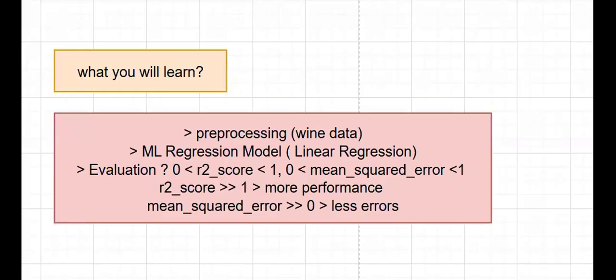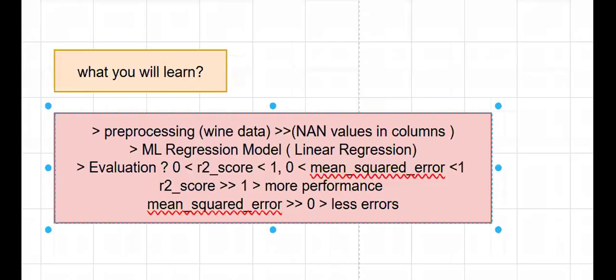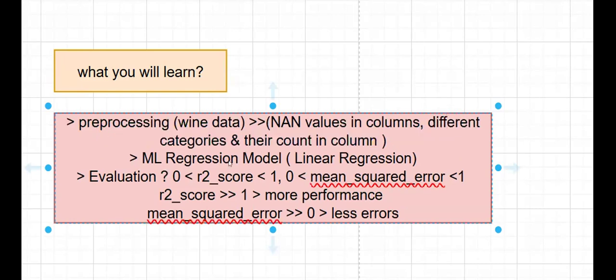So that's all about this video. In this video, we have done pre-processing of our wine data set. Pre-processing involved a few things: we looked at the null values in each column, and we also saw the different categories present in a column and how many records there are for each category.